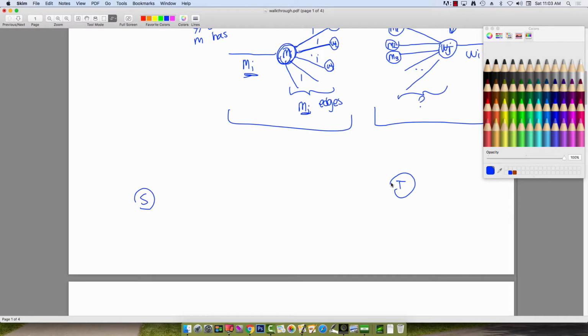Okay, let's say we have A men and B women. This doesn't really matter, but this is our group of men. We have A of them, and then these are the women. We have B of them.